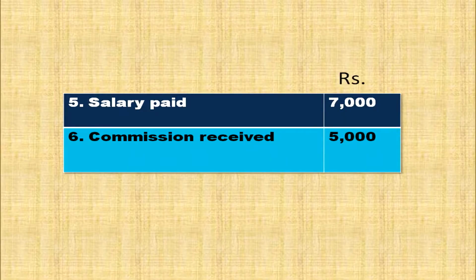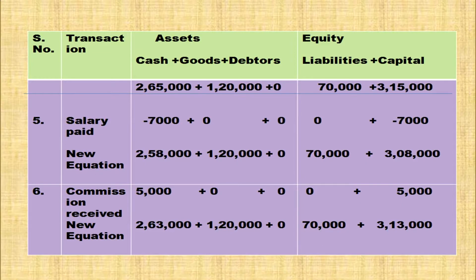Another transaction, salary paid 7,000 and commission received 5,000. When salary is paid, cash is decreasing, capital is decreasing. When salary is paid, cash worth rupees 7,000 is moving from the cash and from the capital deduct 7,000.